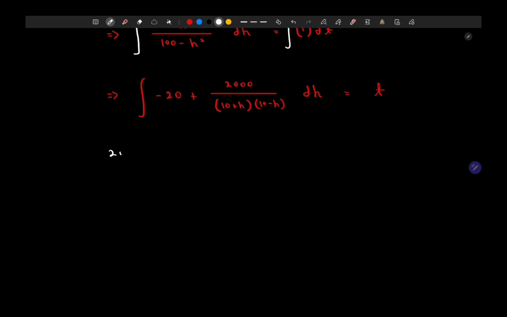We can say that 2000 over 10 plus h and 10 minus h is equal to a over 10 minus h plus b over 10 plus h.